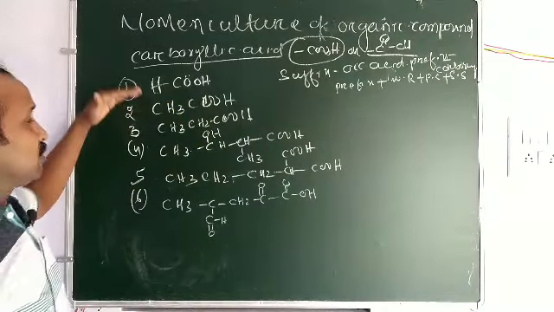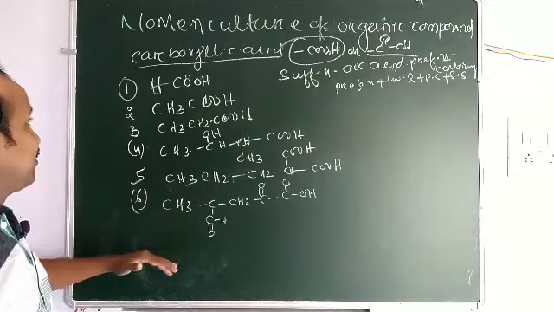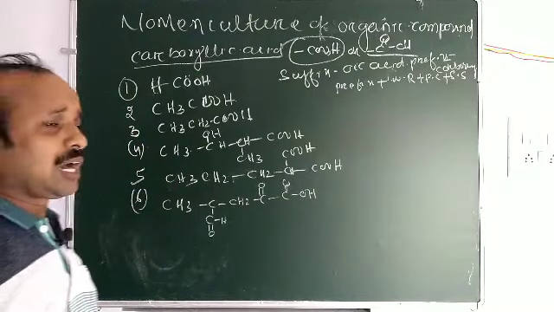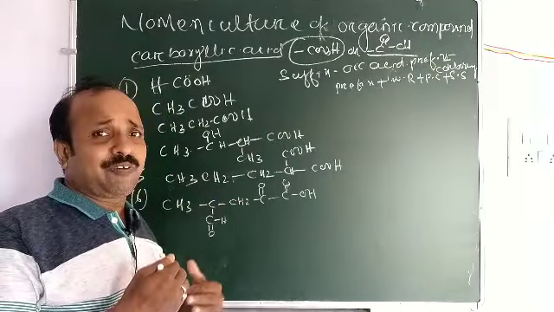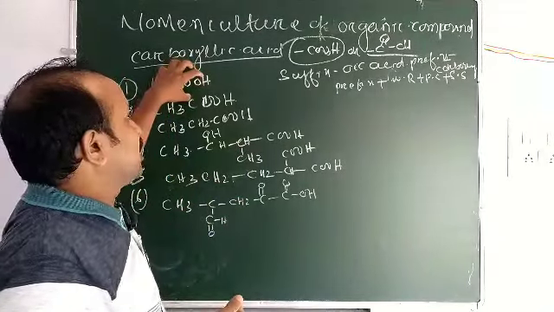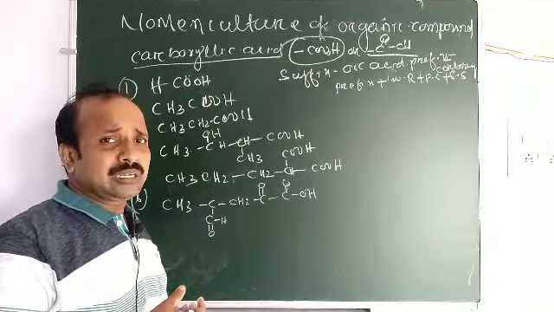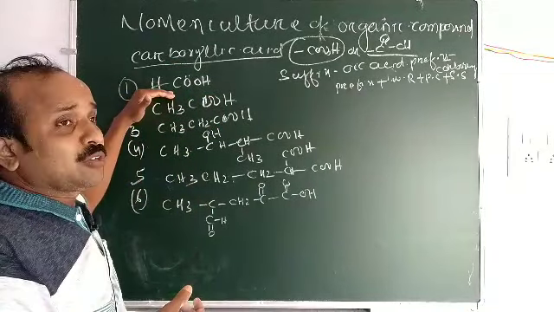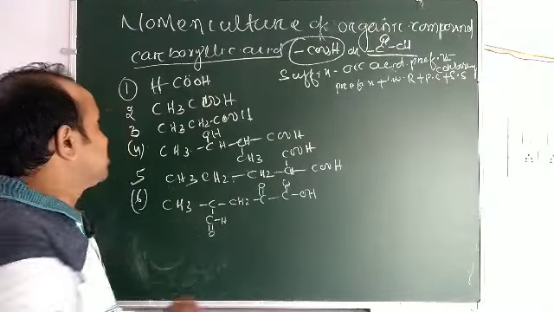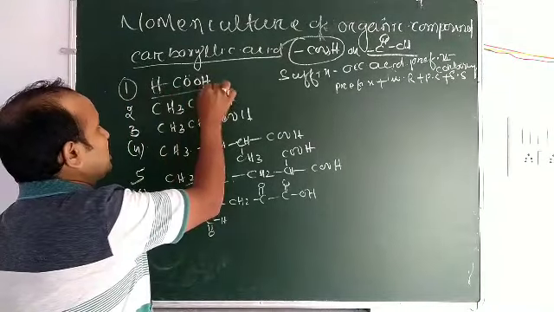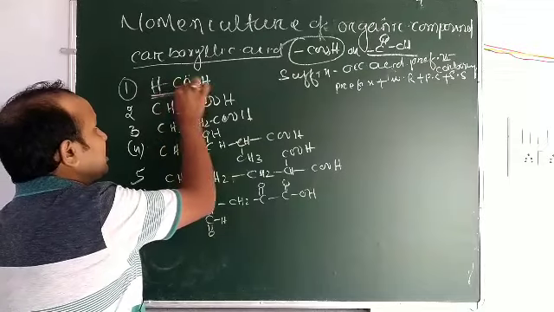Now we name organic compounds with the carboxylic acid. We identify the functional group present in the organic compound. Suppose HCOOH is the organic compound.